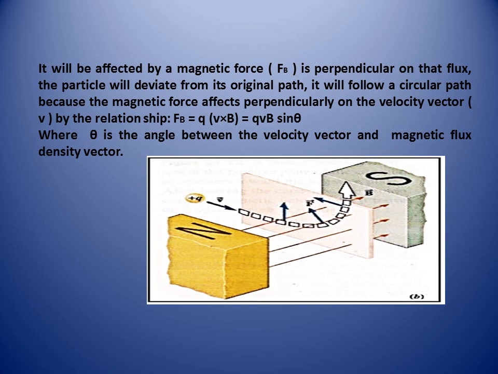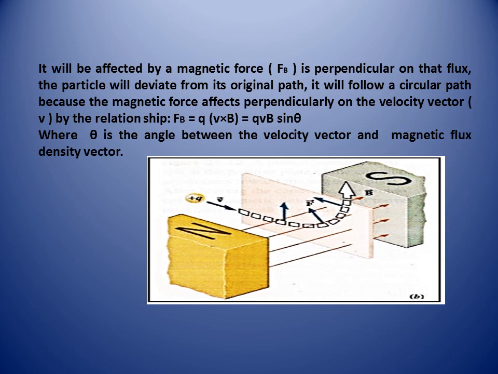From this figure, when the positive charge moves inside the uniform magnetic field, perpendicular to the magnetic flux density or magnetic field, the lines of the magnetic field start from the North Pole to the South Pole.